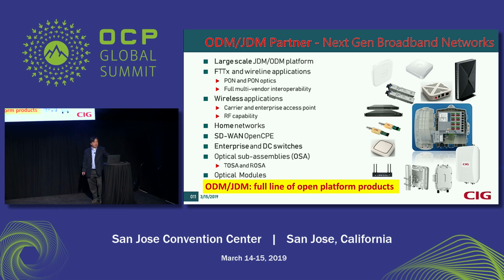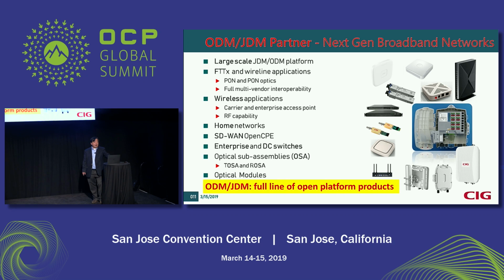And here's our full line of products. We have fiber to the home, of course, PON and PON optics. And all our PON products are guaranteed to work with any OLT or any format or standard.